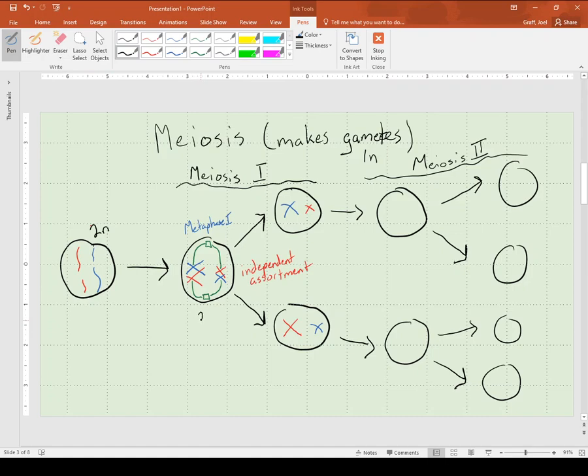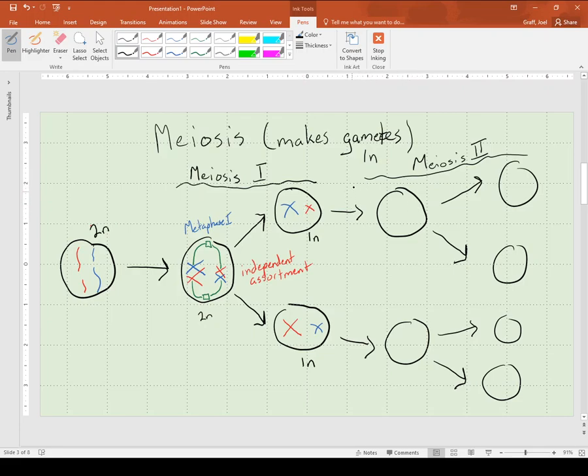At this point it's still 2N, but once they separate out and you've got a sister chromatid for the long chromosome and a sister chromatid for the short chromosome, and here we've got a sister chromatid for the long chromosome and a sister chromatid for the short chromosome, we are going to now consider this 1N. Okay, so we've gone from 2N to 1N. We don't have pairs of homologous chromosomes anymore.